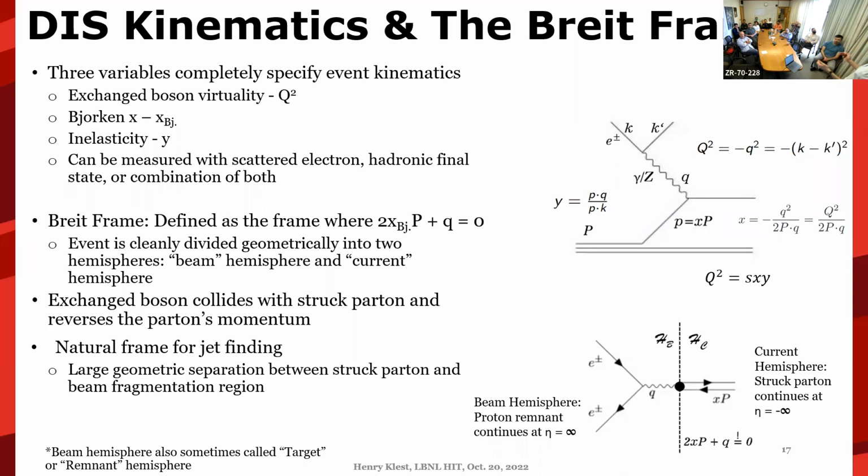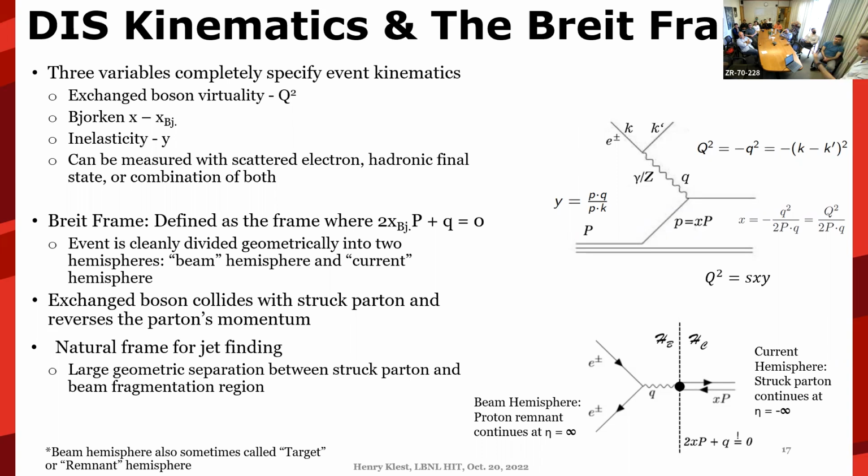But in reality, you always achieve better precision by combining all of that information as best you can. Also important for the next bit of the talk is the Breit frame, which is defined as the frame where the incoming quark comes in with x times the proton beam momentum, and then leaves with basically the negative of that.